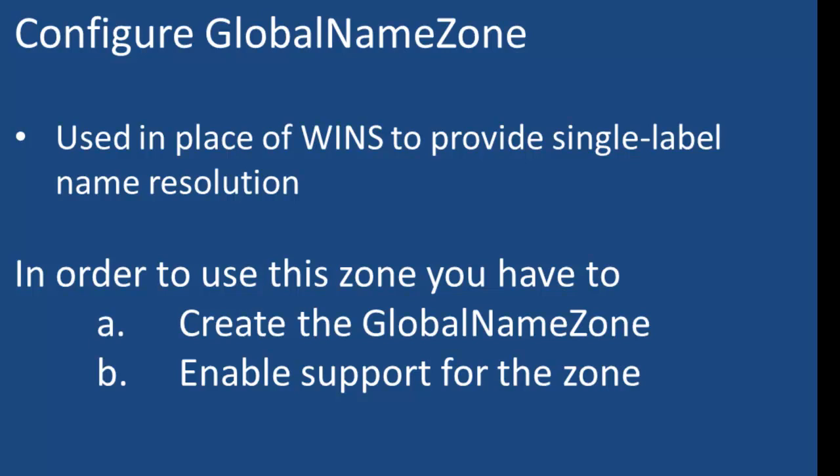WINS is not now compatible with IP version 6, so we can't use WINS. So we had to come up with a way to have single label names be resolved if in your workplace you had a WINS server or WINS client.